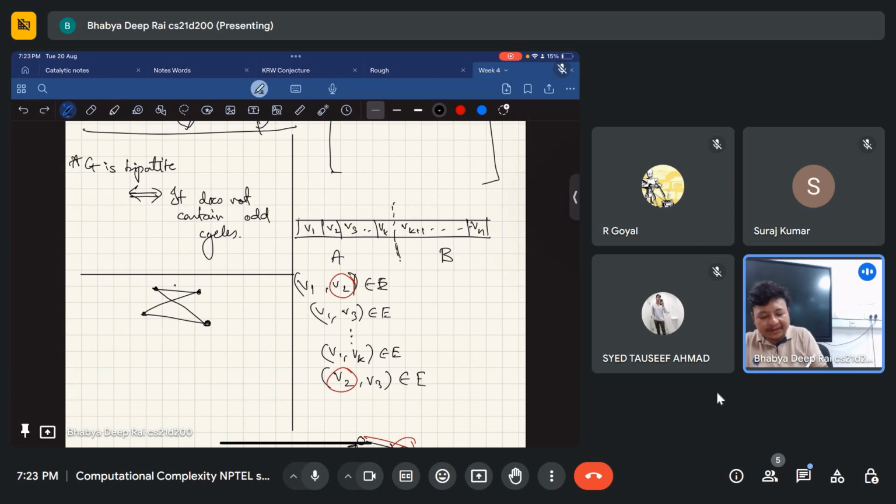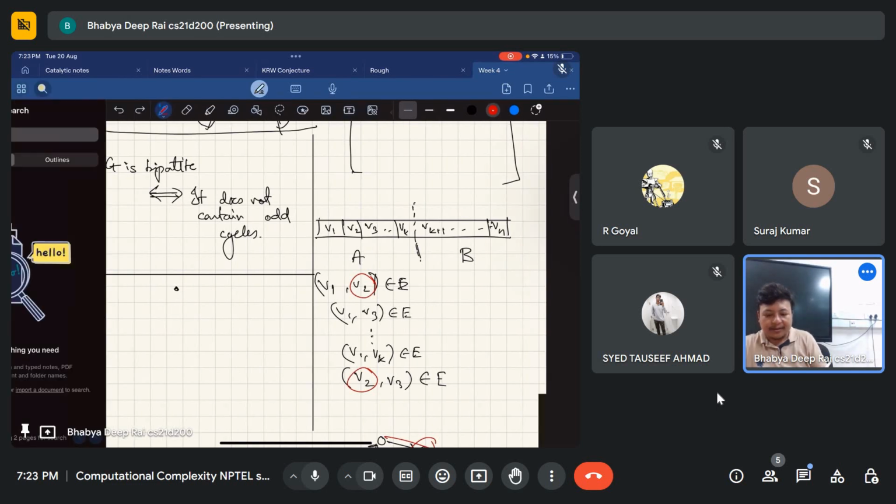But if I need to form an odd cycle, I can only do it if I remove the bipartiteness, because this is causing the graph to be bipartite, and I added an edge here to form an odd cycle. So it cannot be that a bipartite graph contains odd cycles.